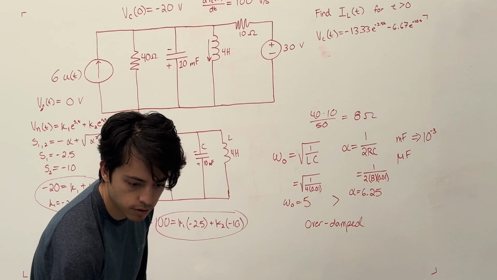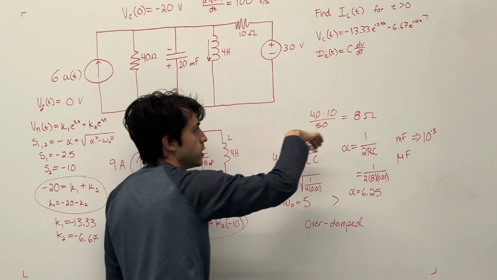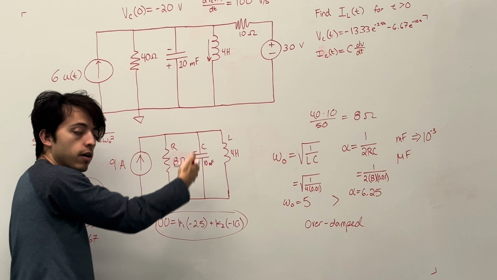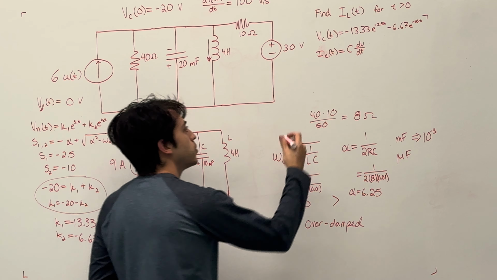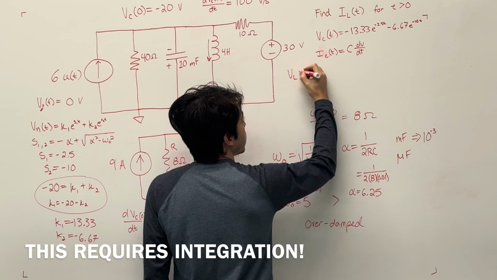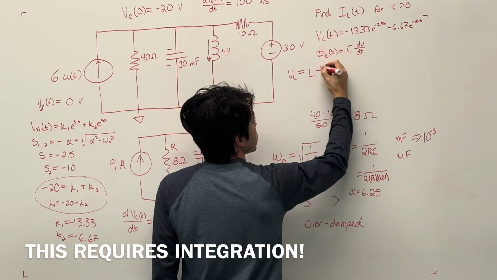And the equation for that would be IC of t is equal to C dV/dt. And remember that VL and VC are the same because we're in a parallel circuit. Or you can also use the relationship that VL equals L times dIL/dt.